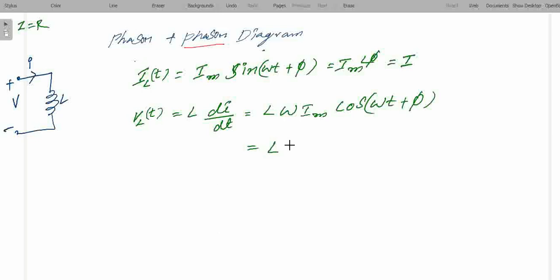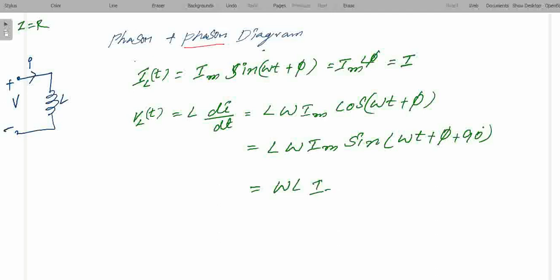If I want to write this cos in terms of sine, I need to include 90 degrees: sin(omega t plus phi plus 90 degrees). So this can be written as omega L Im, and in exponential form, e power j pi by 2.